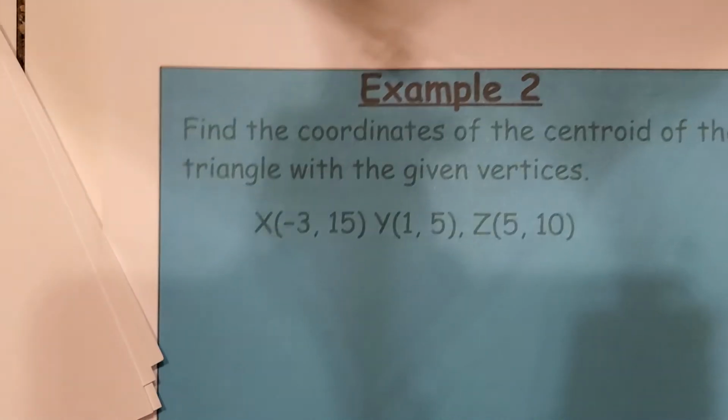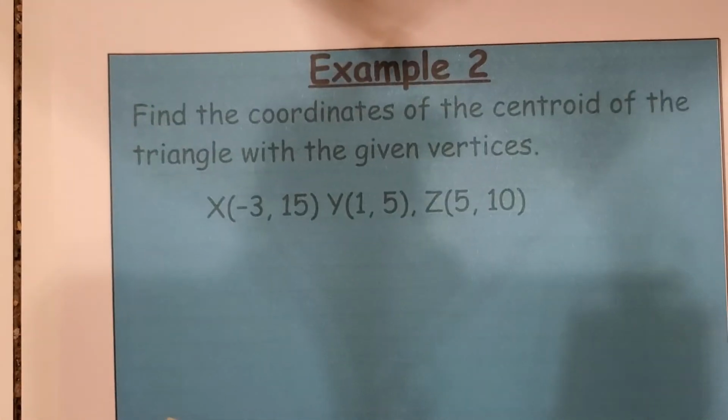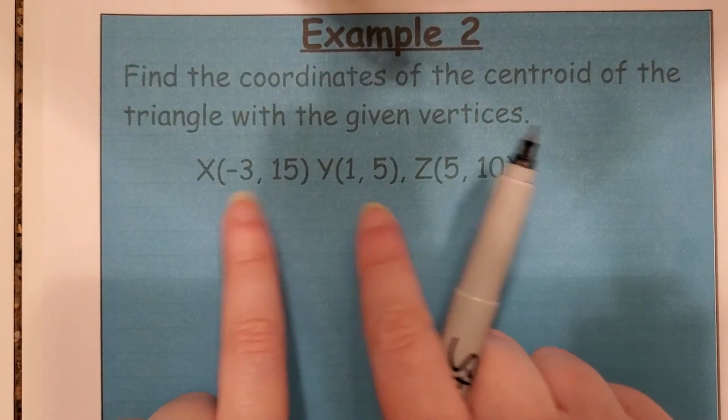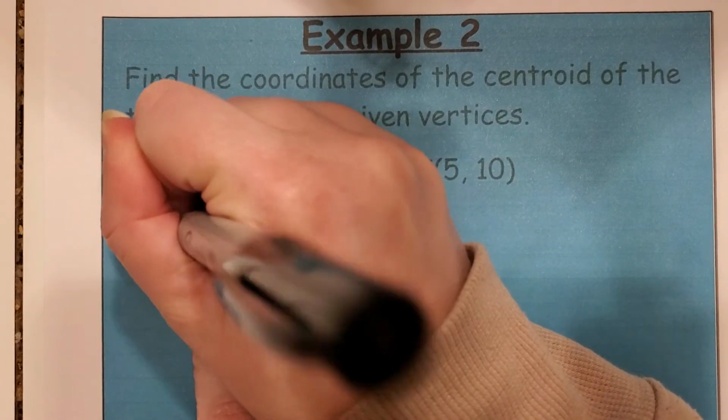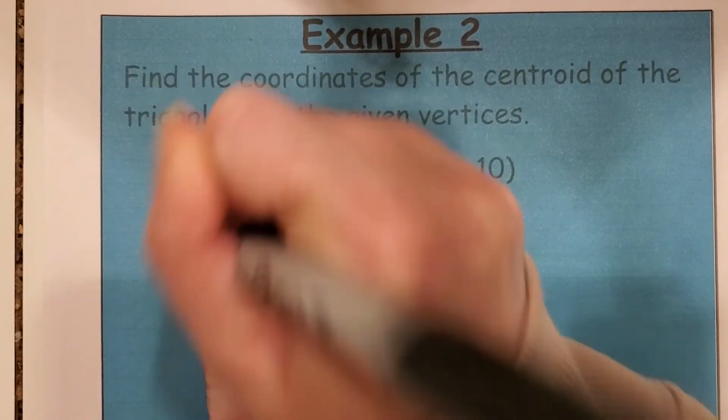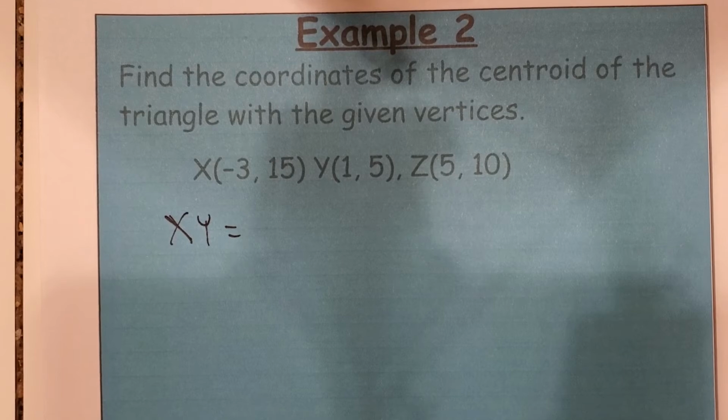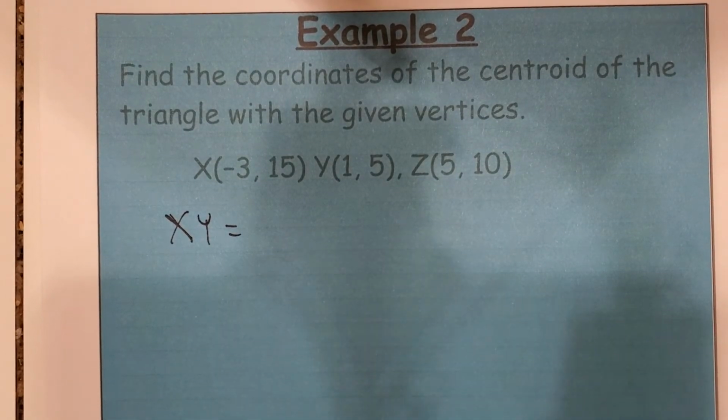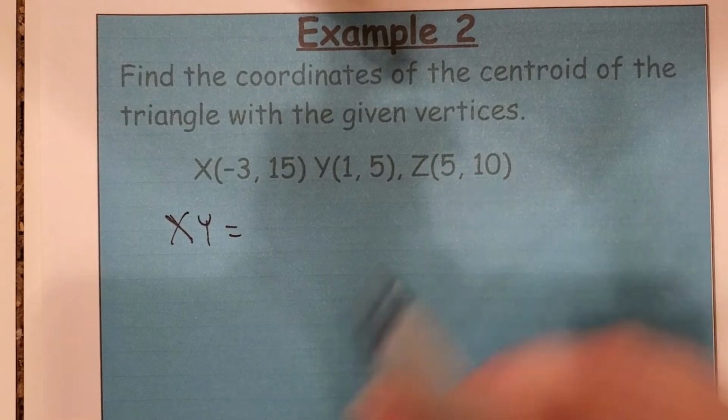So let's say we're talking about XY. The median of XY has to pass through the midpoint as well as point Z. Those are the 2 points that we're working with.